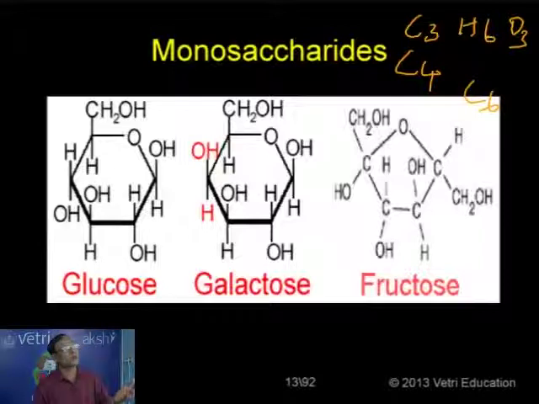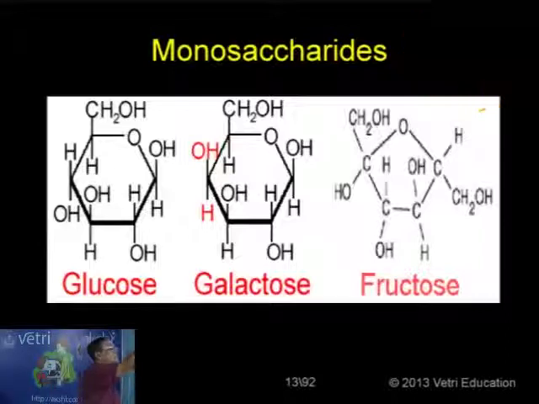Pentoses, we have the ribose sugar and deoxyribose sugar, the units of nucleic acid, and hexoses like glucose, galactose, and fructose. Here I represent the monosaccharide having six carbon compounds as skeleton. I am not going to take the structural aspects; we are talking only about the applied aspect related to the biochemical aspect.